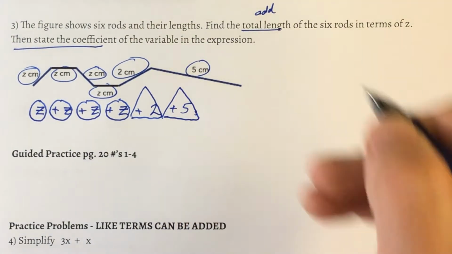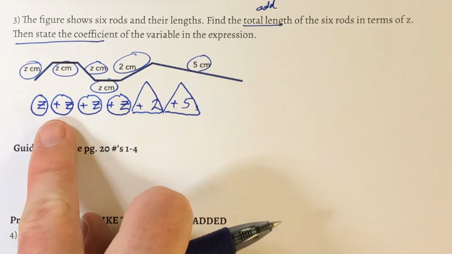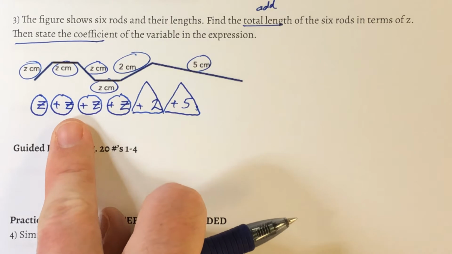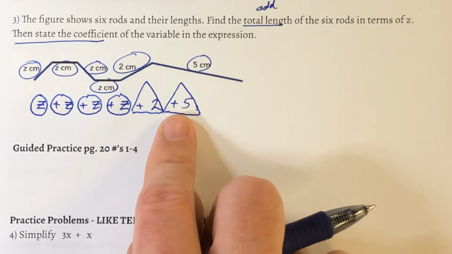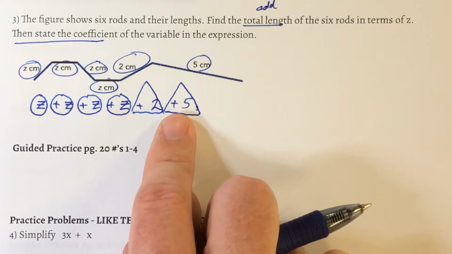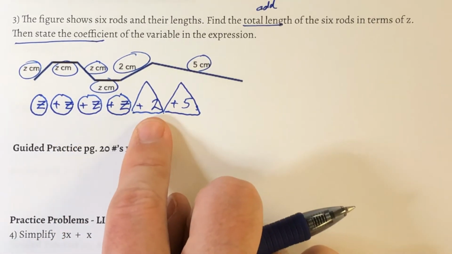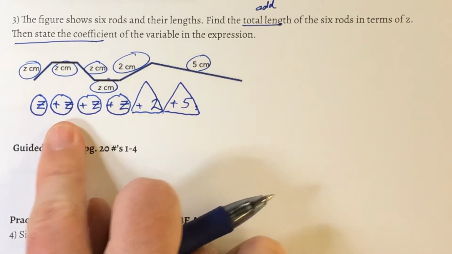So why did I just code these with shapes? I'm showing you what can be combined and what can't be. So I can combine the 4 circles because they all have the same variable. I can combine the triangles together because they both don't have a variable, seemingly. But I can't combine the circles and triangles because these have variables, these don't. These are not like these.